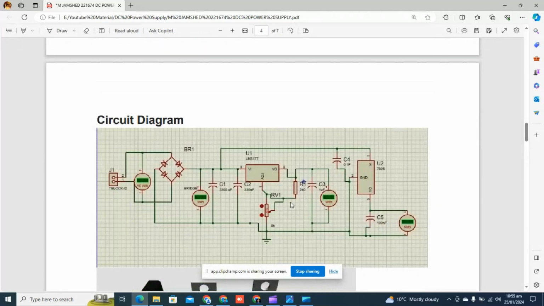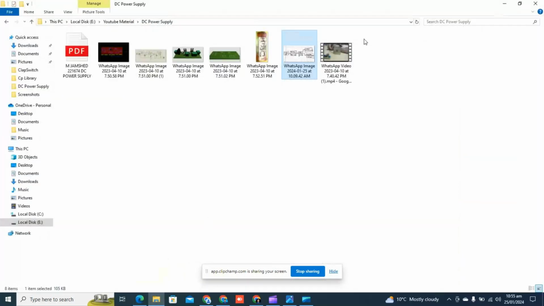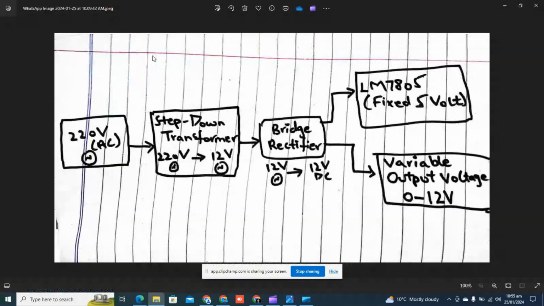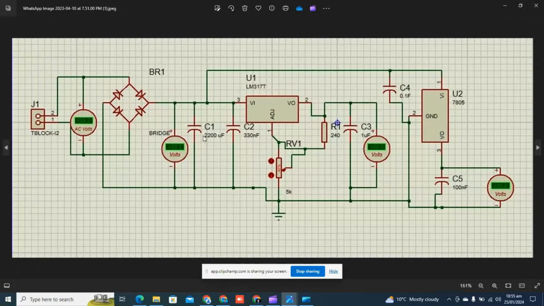This is our circuit diagram made in Proteus software. Here you can see this is our 220 volts input at J1, and then a bridge rectifier is used, which is a combination of diodes that converts this AC to DC.